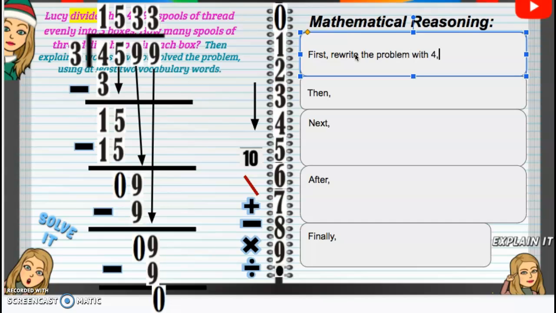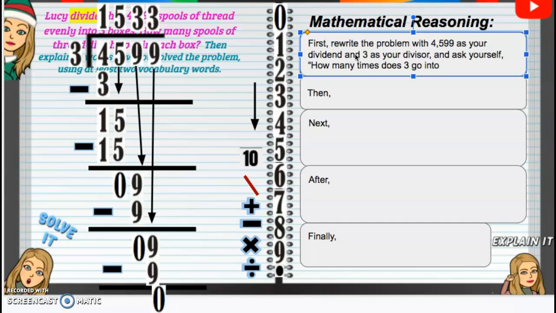So first, rewrite the problem with 4,599 as your dividend on the inside of the house and 3 as your divisor on the outside of the house. And ask yourself, how many times does 3 go into 4?